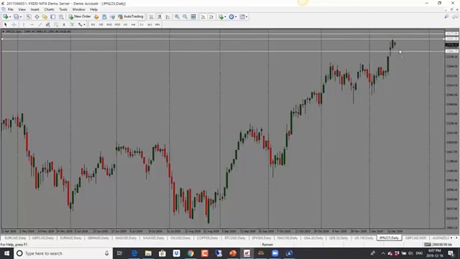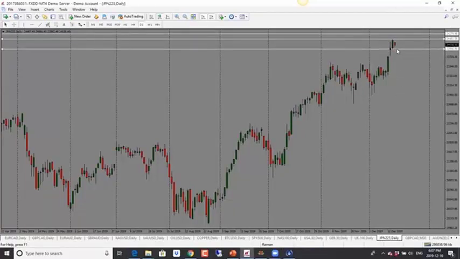So we have seen price pull back, but as long as it stays above 24,000 or 23,940 here, this one could still continue higher. So bias for the time being is bullish. And as long as it stays above 23,940, this one could go further. So bullish bias here as well for Nikkei.